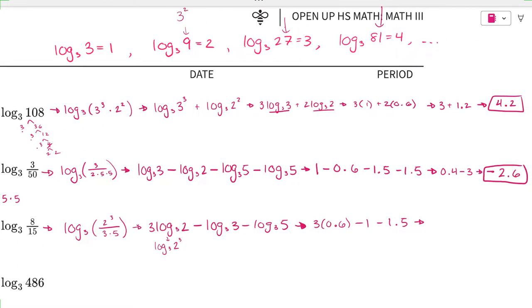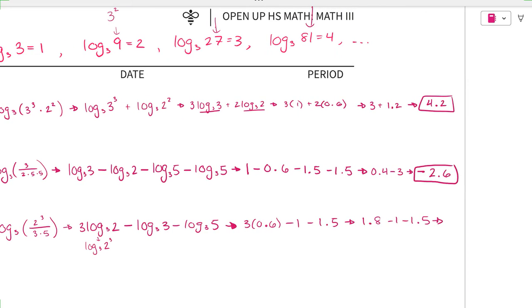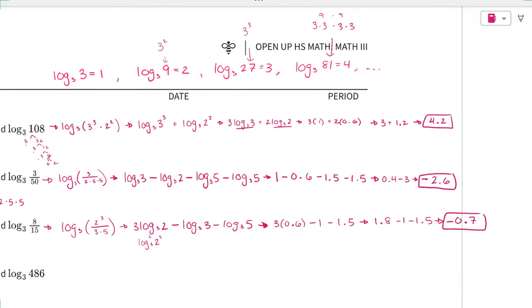So 3 times 6 is 18, so I get 1.8 minus 1 minus 1.5. Right, so 1.8 minus 1.5, let's do those two first because that gives us 0.3. And then 0.3 minus 1 gives us negative 0.7. All right, let me double check that mental math by doing it in a different order.